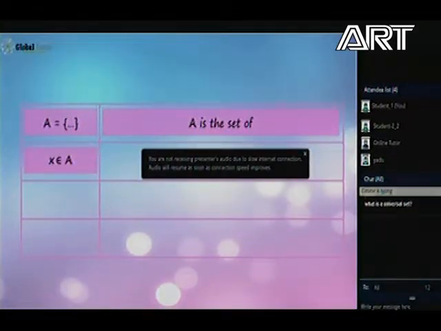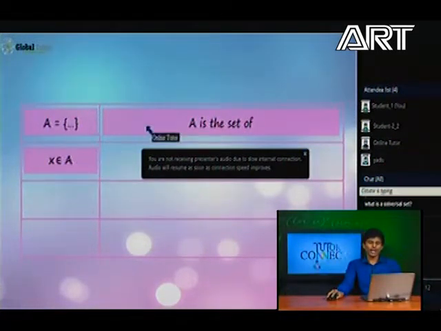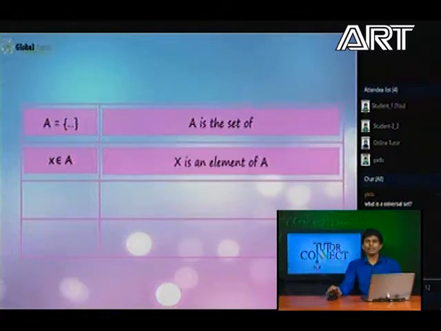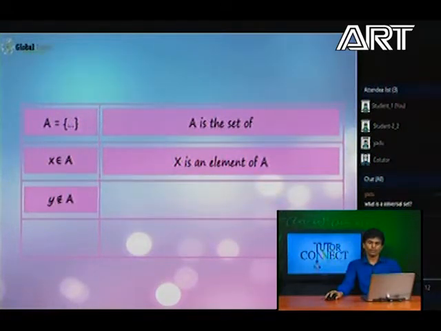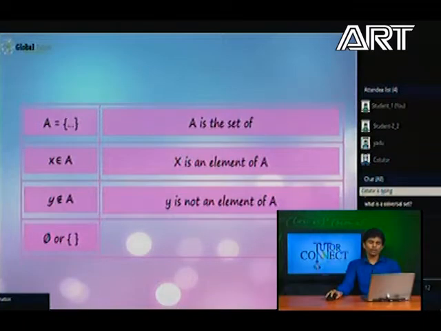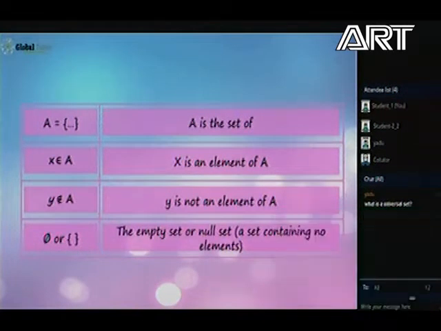If x, with this sign, is in A, it means that x is an element of A. If y, with the element sign and a cross, is in A, it means that y is not an element of A. And finally, if it gives you nil, or an empty bracket, it means the empty set or null set, a set containing no elements at all.